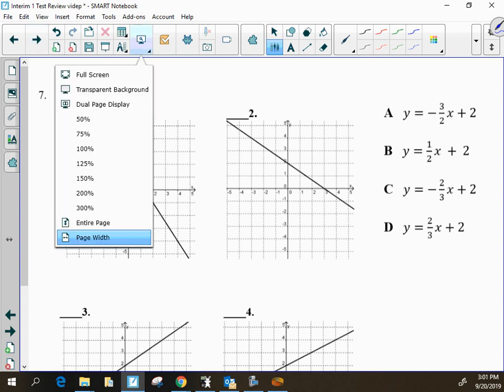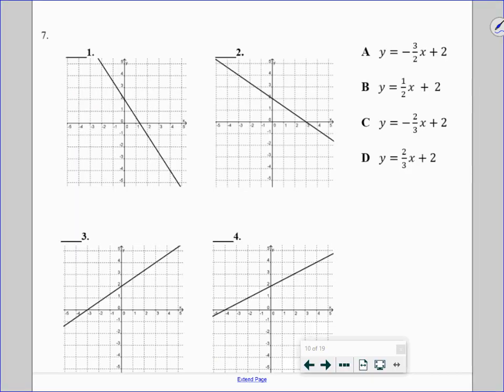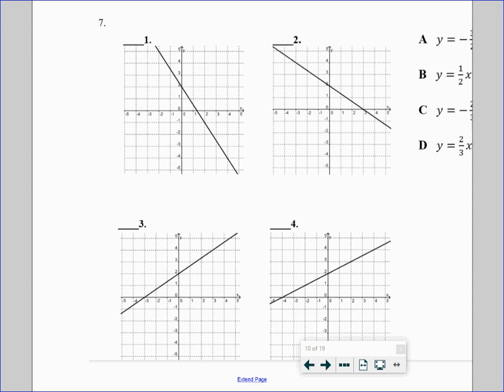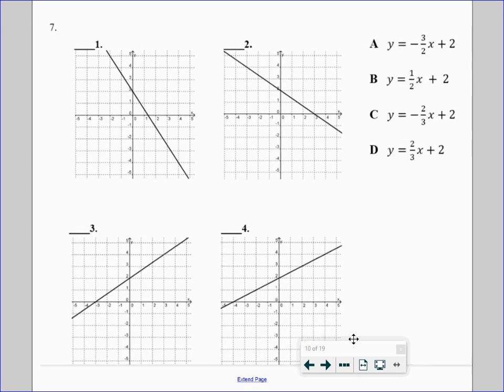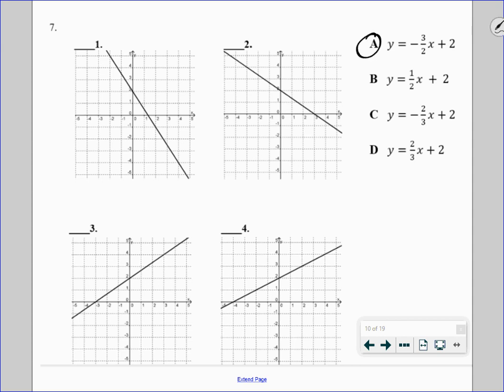So let's look into this one and see if we can't match these up, knowing what we know. Whoops, sorry. So, first of all, let's look at A. A has a negative slope, -3/2 and a y-intercept of 2. Well, the y-intercept of 2 doesn't help us because they all have a y-intercept of 2.